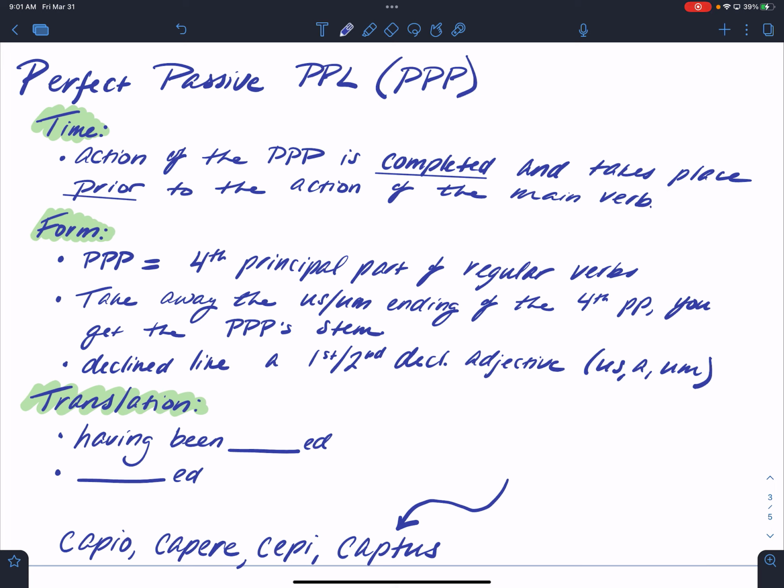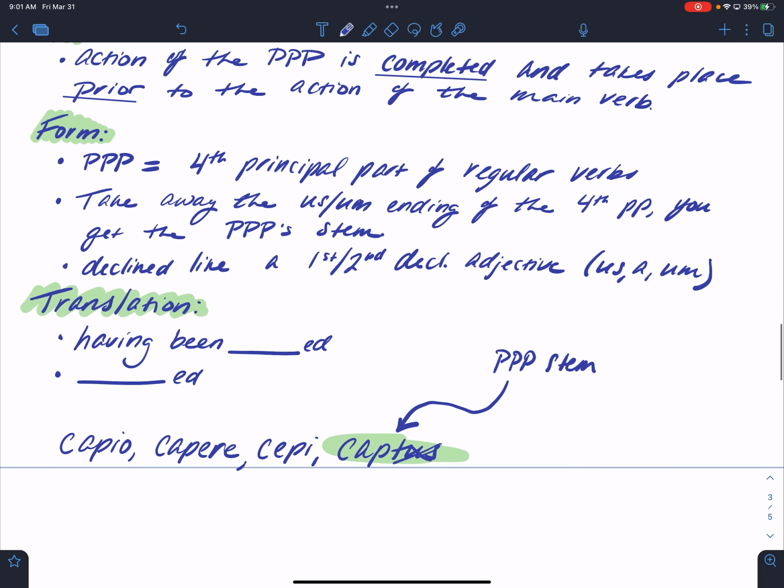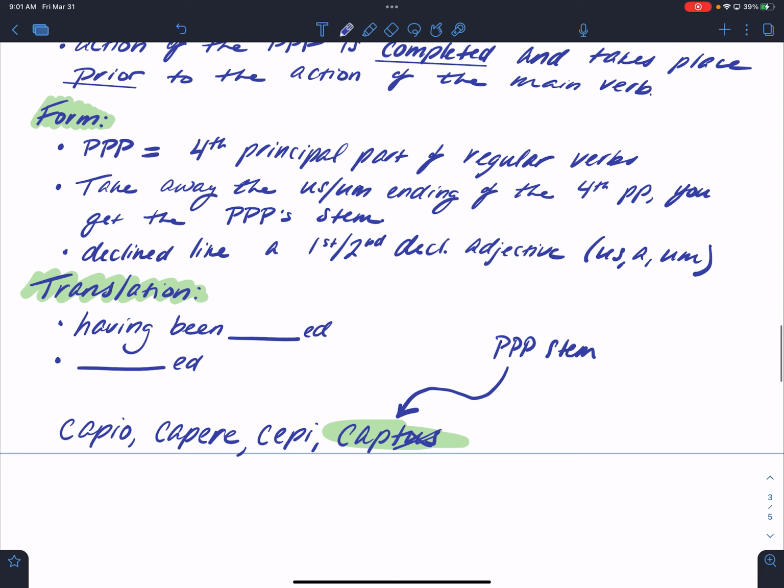Okay. So like we said before, you need your fourth principal part. That's this one right over here. And then you just take off that US or that UM ending, depending on which Latin teacher you have. And that leaves us with copt, which is our PPP stem. Now, let's go through and write this out, shall we?